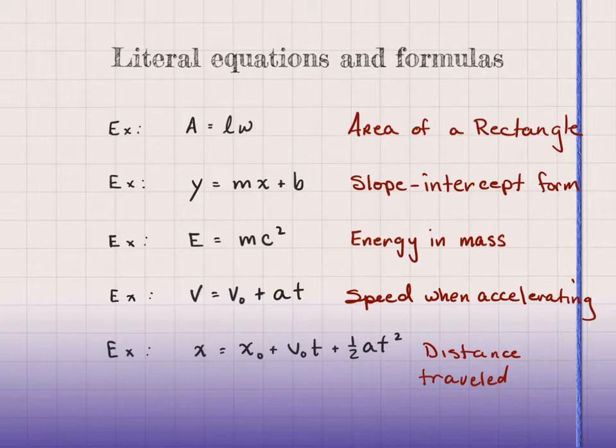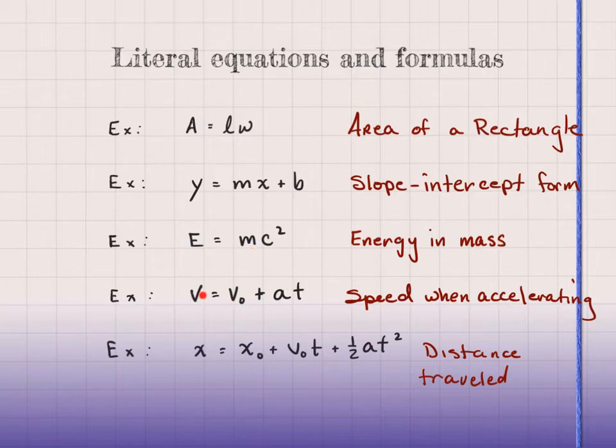Now, the formulas that I'm showing here are not formulas you have to have memorized as of yet, but you should get used to some of these formulas. For example, after geometry, you should know the area of a rectangle is length times width. After Algebra 1, you should know the equation for the slope-intercept form of a line. Famous equation: E equals mc squared.